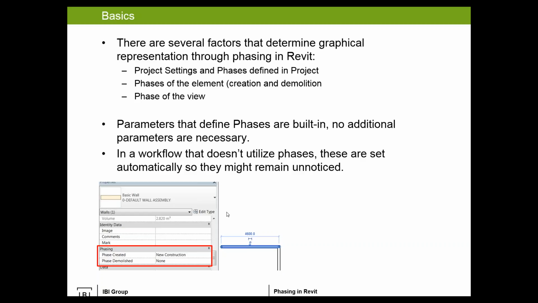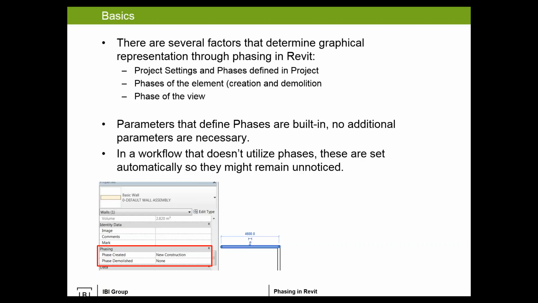So if you're not using phases, you actually are using phases all the time, you just don't notice. Because typically, if it's a new construction project, we just use the new construction as our view phase and items phase as well all the time.